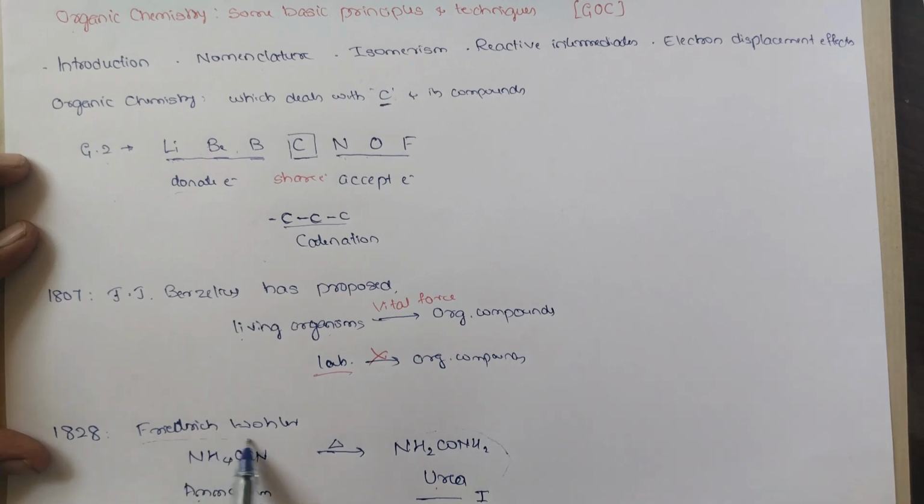Later, in the year 1845, Kolbe synthesized acetic acid, and in 1856 Berthelot synthesized methane in the laboratory.